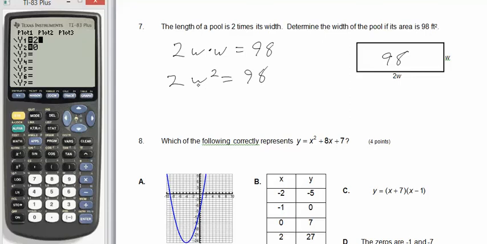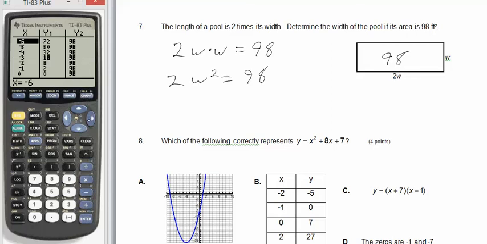2, and just because it says w, we still use x in the calculator. 2x squared equals 98. We go on our graph. And you can't see it here because it's not the zeros. It's where does it equal 98. So we can look at our table. And it's right there.